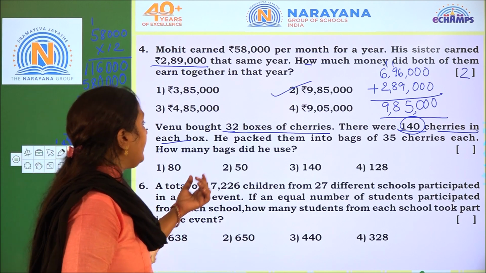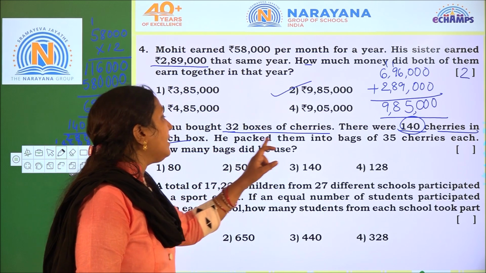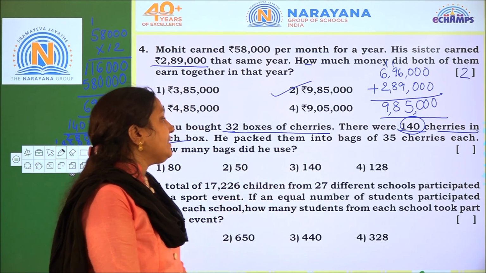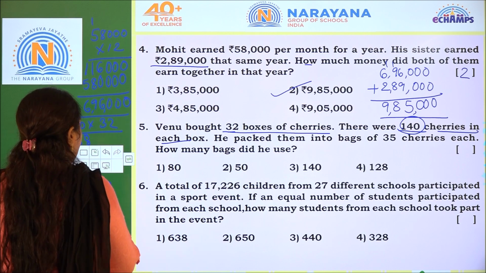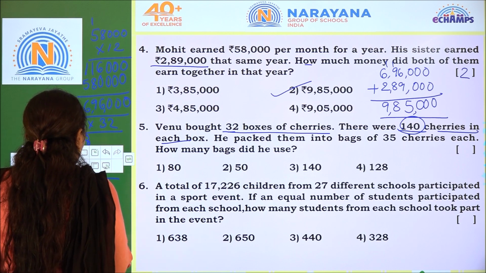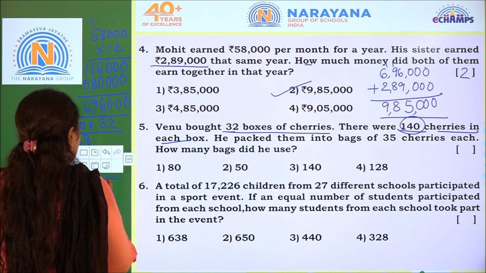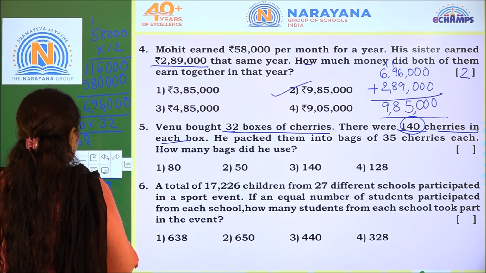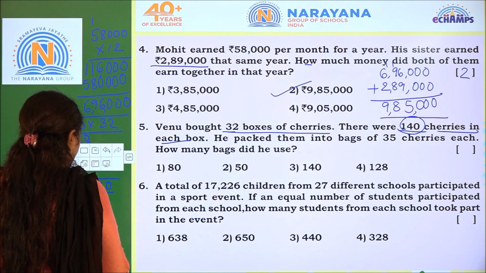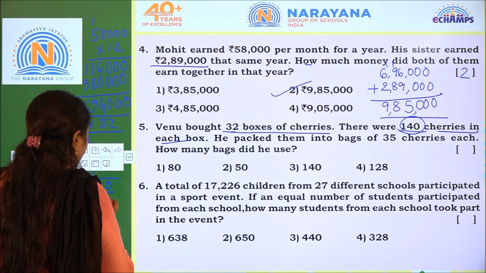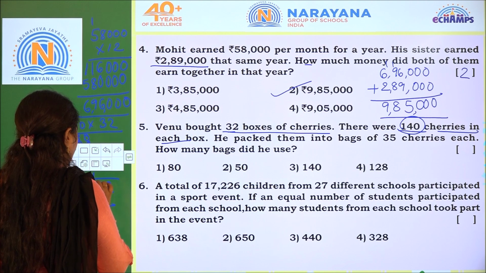Then again what he did, he packed them into bags of 35 cherries each. So how many bags did he use in all? So again he packed 35 in each bag. So one time we can take 135. 4 minus 5 we cannot, so 4 will become 14.